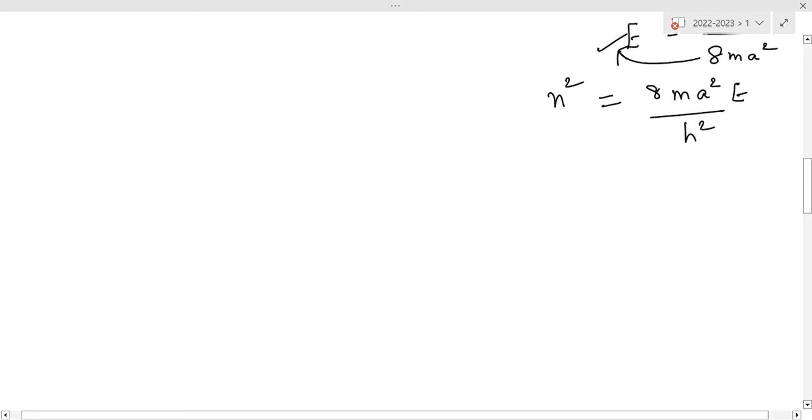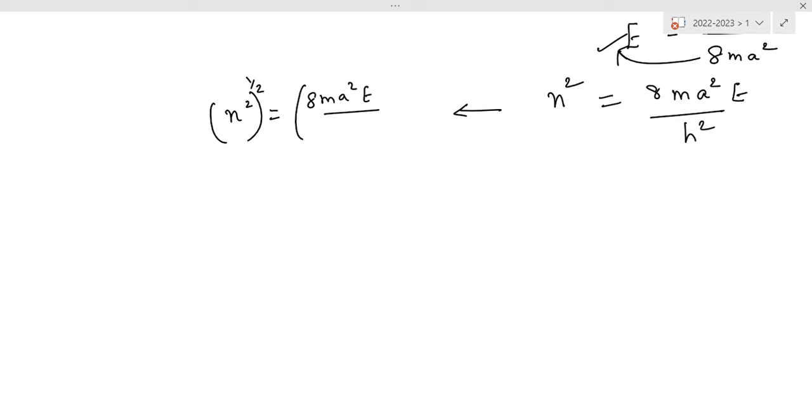Then n is equal to, from this I can find what is n. So taking root of n, I'll get, that is the power half, (8ma square E by h square) power half.